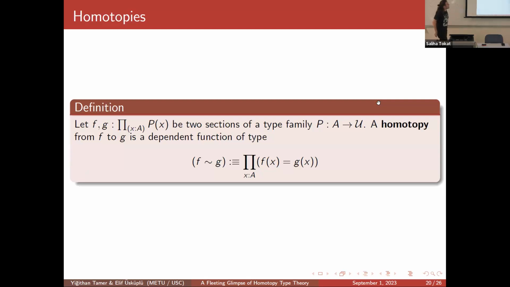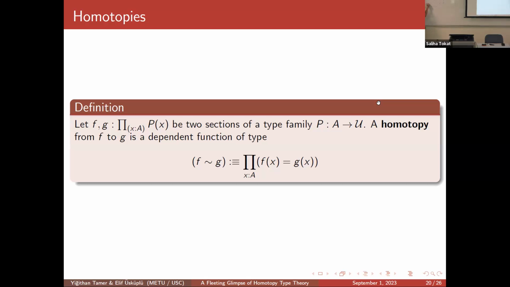Right, so a homotopy between two sections. Think of it like this. We have maps, and on the image, think of it like we're drawing a path. Maybe I should draw myself. Suppose this is F, this is G, and at each point you are supplying a path between them.